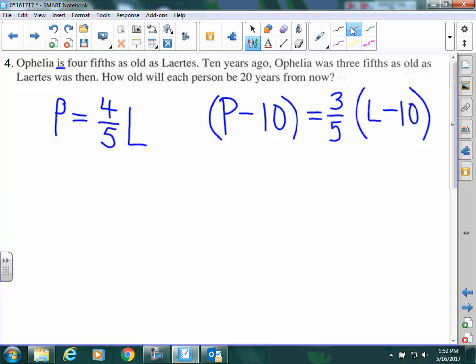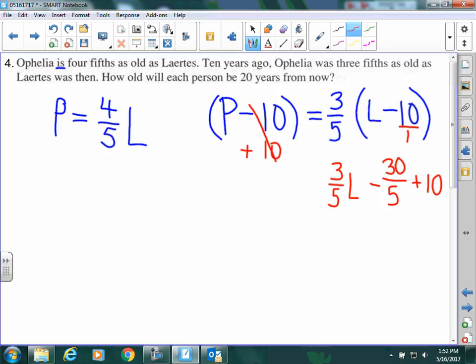So 3/5 times L is 3/5 L, Laertes. And 3, it's really 10 over 1, right? So it's going to be minus 30 over 1 times 5 is 5. And same thing over here, except that I think I'm going to add 10 to both sides. So let me just say add 10 here.